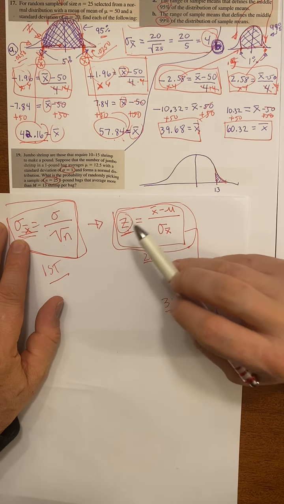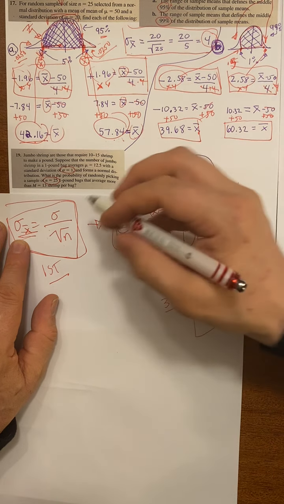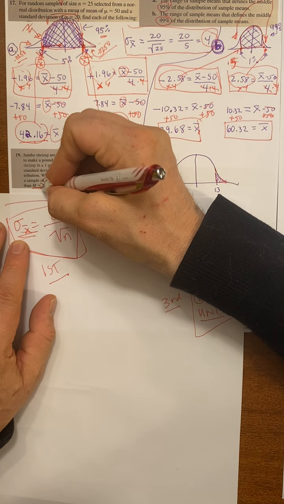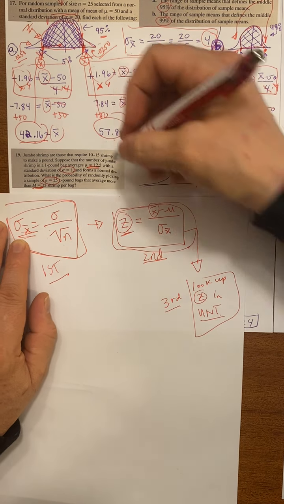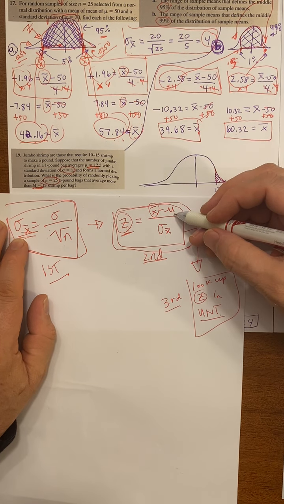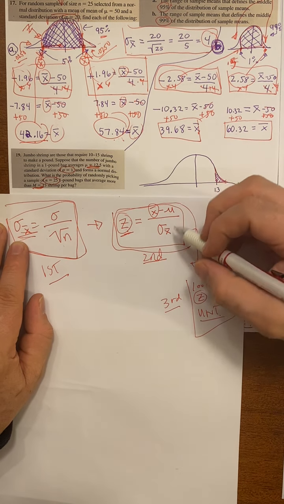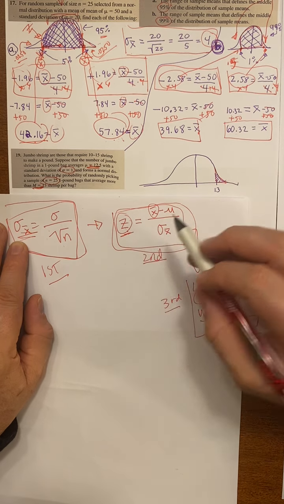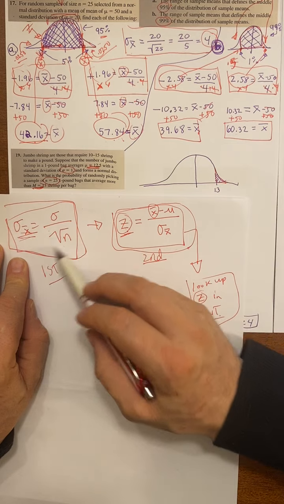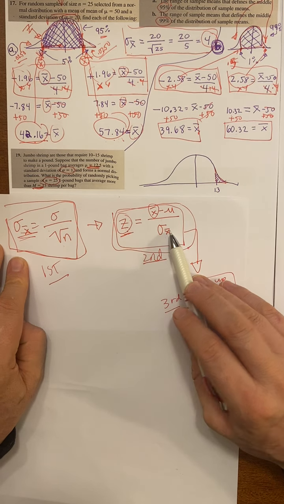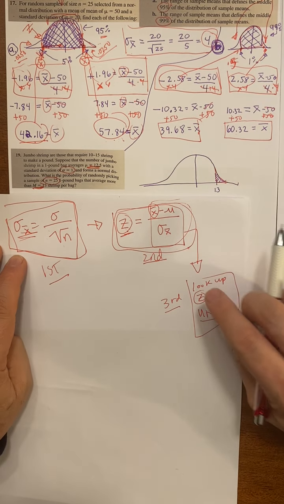For the z equation, they gave us this x bar, and that's this value here. They also gave us a population mean, but notice they did not give us a z or a standard error. So again, we're going to calculate the standard error, so we can use these values to solve that z, and then look up the unit normal table.